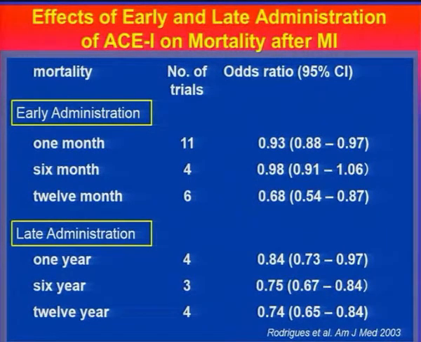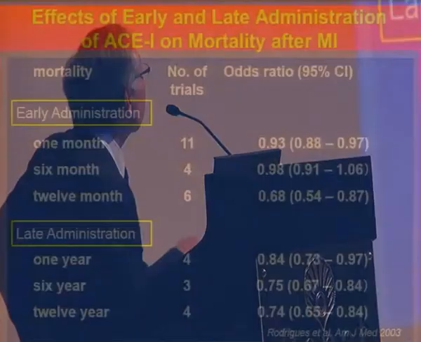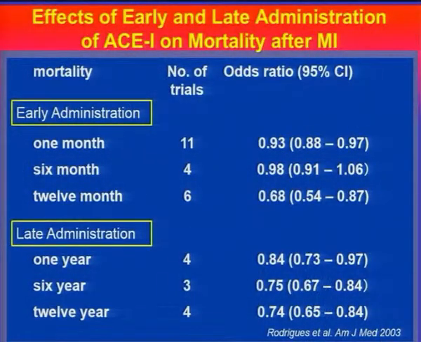myocardial infarction. Early administration means within 48 hours after the onset of the myocardial infarction. This is after 48 hours. See the odds ratio at 1 month, 6 months, 12 months.